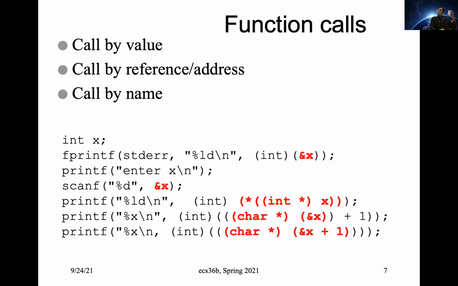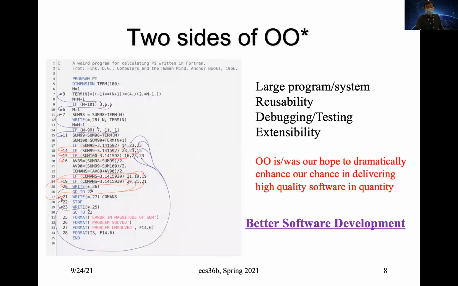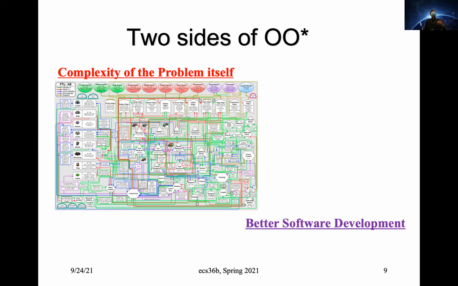Even in this class, we're using C++ as an instructional language for learning the object-oriented concepts. And I want to emphasize on day one that you can apply these concepts to any other programming language, like Python. All right, so the second side of OO is to solve more complicated problems.